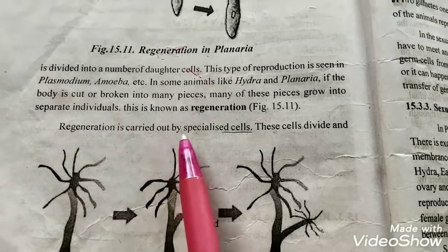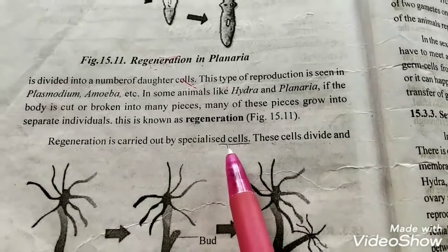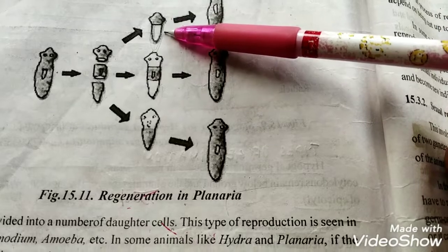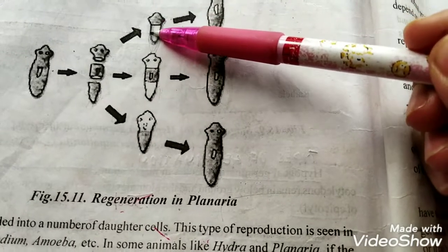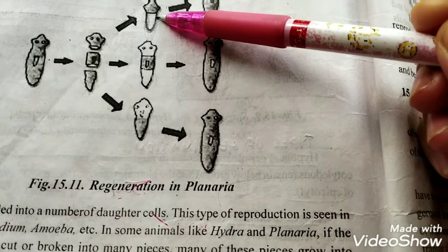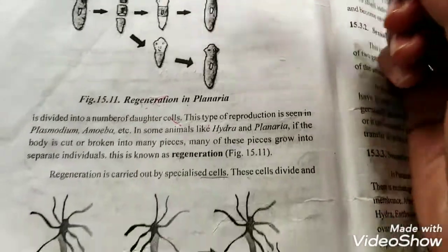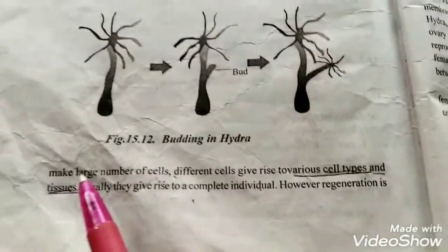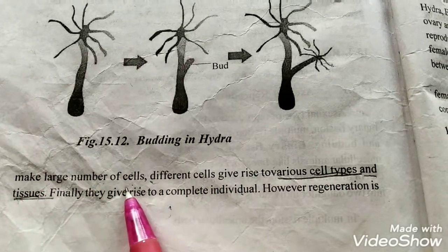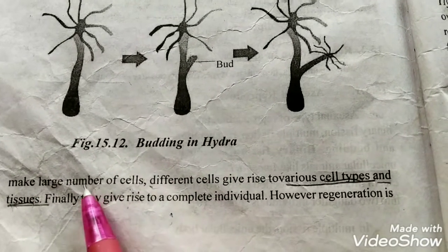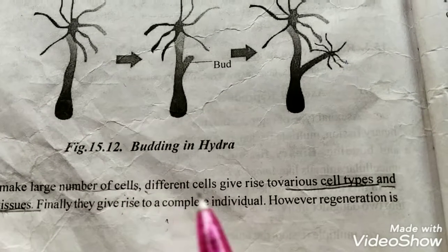Regeneration is carried out by specialized cells. So when any part of the body is broken or cut, the regeneration of the leftover body part is done with the help of specialized cells. These cells divide and make a large number of cells.